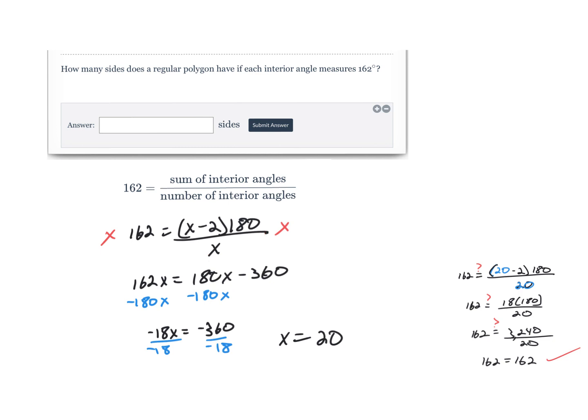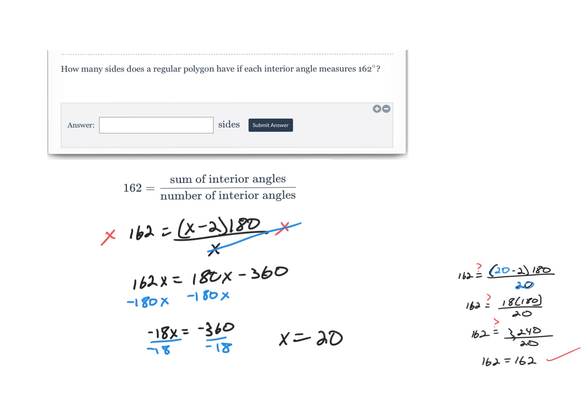Okay, so to solve this equation, notice that this side is being divided by x, so we multiply both sides by x. Again, the reason we do that is because these x will cancel. All right, so then what we have is 162x equals, and then when you multiply 180 times x minus 2, x times 180 is 180x.